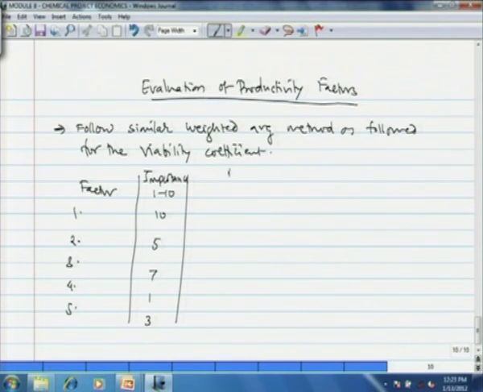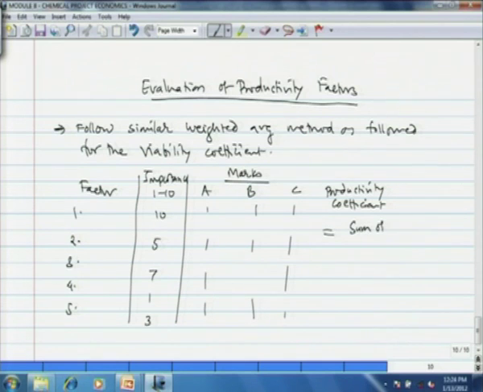and then you give marks for each of site A, site B, site C, and then the productivity coefficient will be the sum of all marks divided by the sum of the importance values.